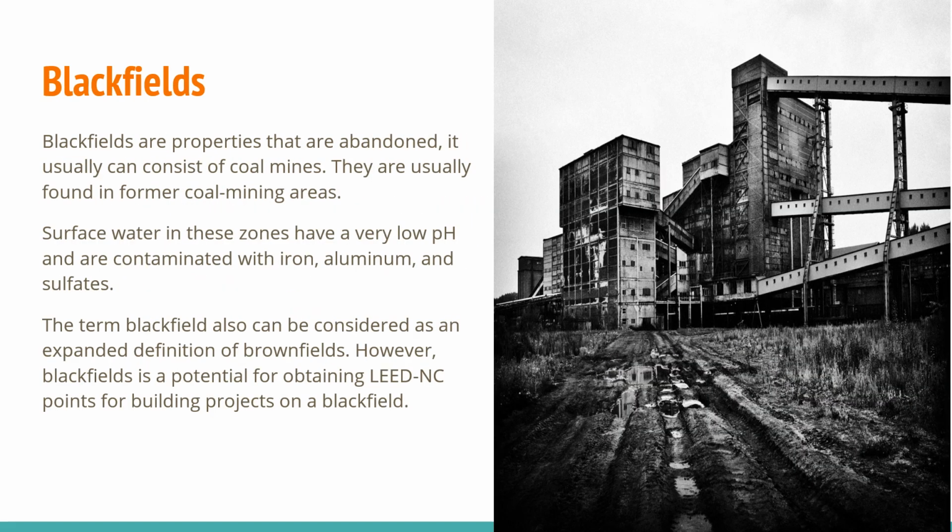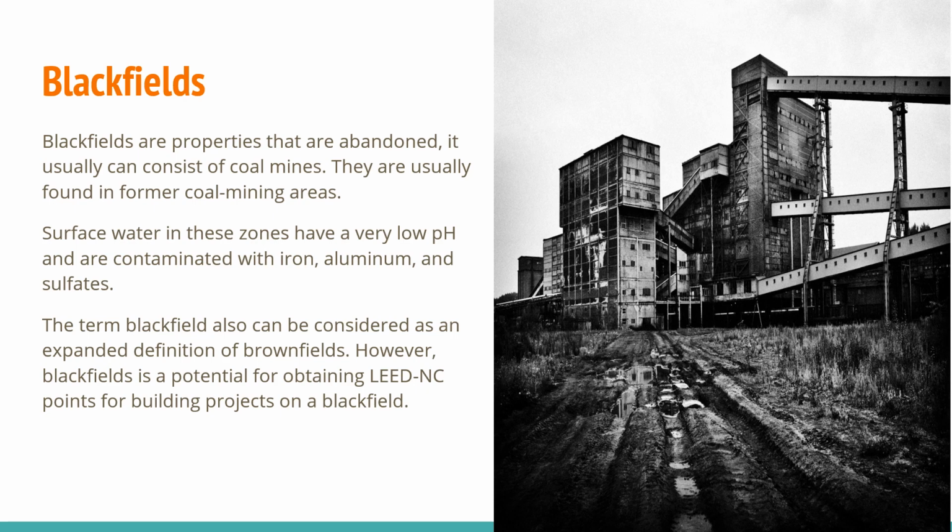With that though, we then get to the darker side of brownfields, otherwise known as blackfields. These are properties that are not only abandoned, but are also found in heavy industrial areas. A common example is coal mines.